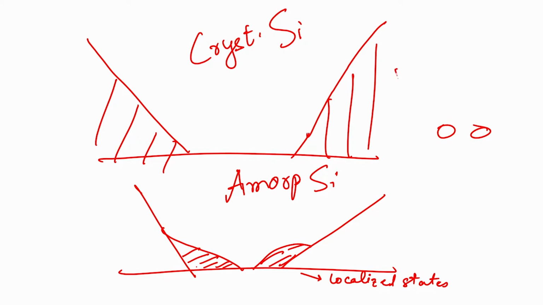So let us say this is the forbidden state and these are puddles.